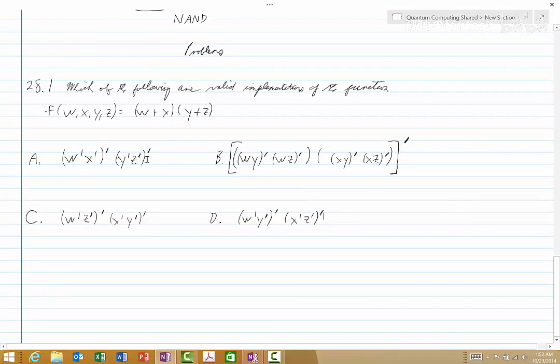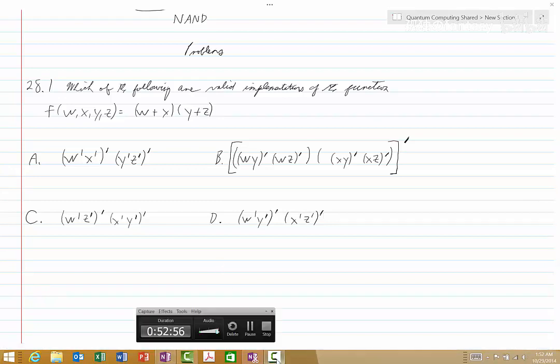Remember that if any one of these has a different value from f for even a single one of the 16 different combinations that w, x, y, and z could assume, then it's not valid. So take a look at these and find out which ones are valid implementations of this function, and then we'll have another problem along these lines in class. So that concludes this lecture, and good luck.